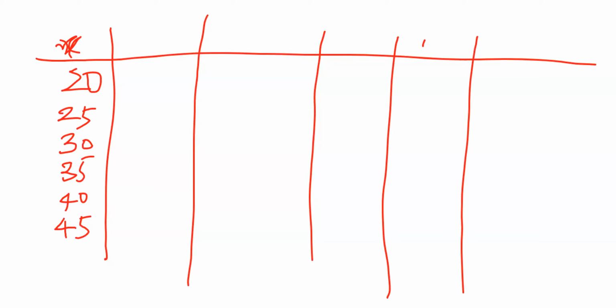Our frequency hasn't changed. It's still 3, 5, 1, another 1, then 2, then 3. From 20 to 45, we'll decide to assume anyone we like. This is our variable X.